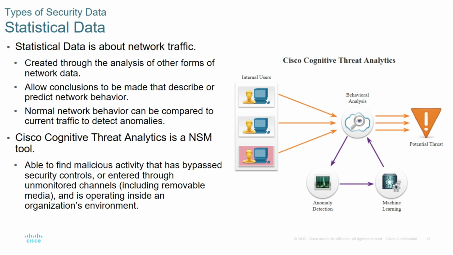Cisco Cognitive Threat Analytics or NSM tools can be used for this security monitoring, as you see in these diagrams. It is able to find malicious activity that has passed by security controls or entered through other channels, including removable media. It is operating inside the organization's environment, so you have to use statistical data to identify unexpected or unusual changes in behaviors of network security.